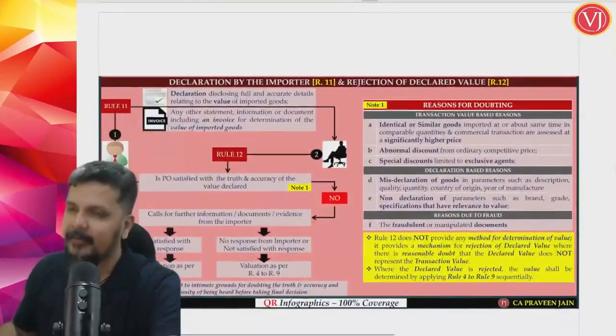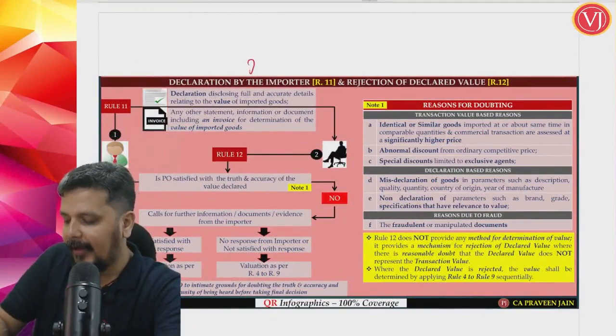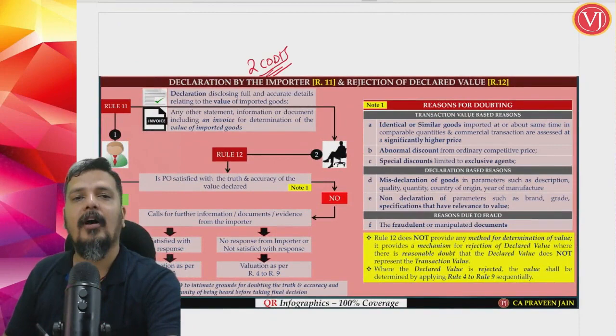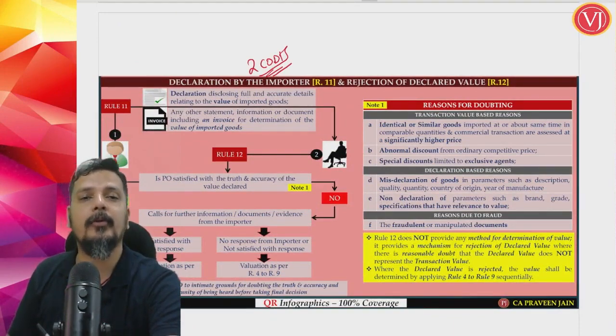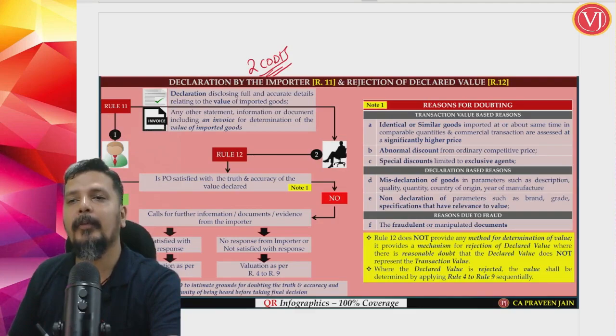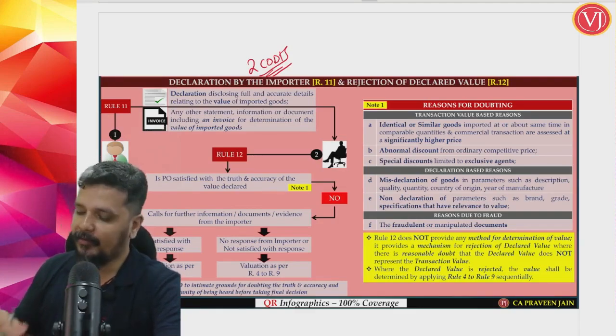Then you have the last 2 conditions, which are your valuation declaration and rejection. So it is 4 plus 4 plus 2. For you to be covered under rule 3, you have to go with 4 plus 4 plus 2 conditions.